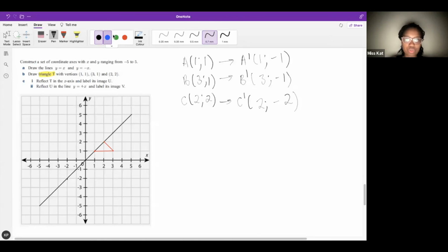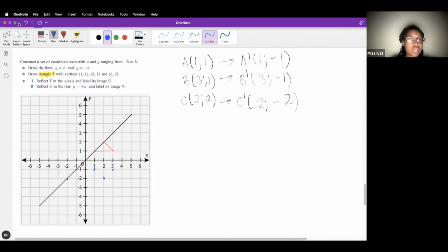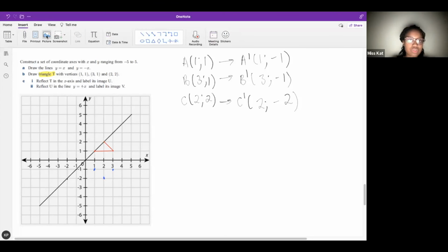Not at all. Wonderful. Now, let us draw our new triangle, which is 1, 1, and negative 1. Okay, 3 and negative 1, and 2 and negative 2. These triangles are very tiny. I should have chosen something with better coordinates.